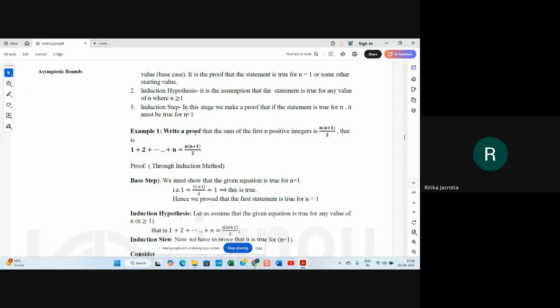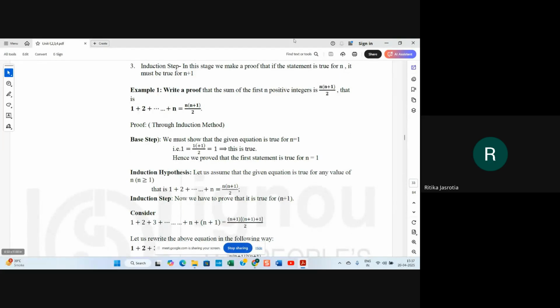Like here, write a proof that the sum of the first n positive integers is n into n plus 1 divided by 2. We know that 1 plus 2 plus up to n is equal to n into n plus 1 by 2. This is the actual formula of summation, right? So through induction, how will we prove that? The base step: we will put the initial value of n. Suppose we take the value n is 1.